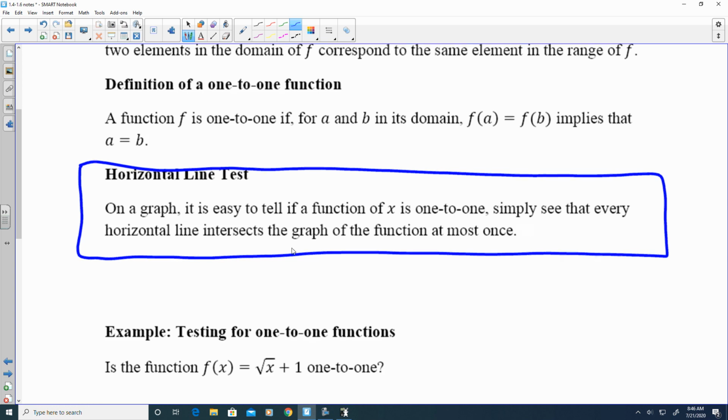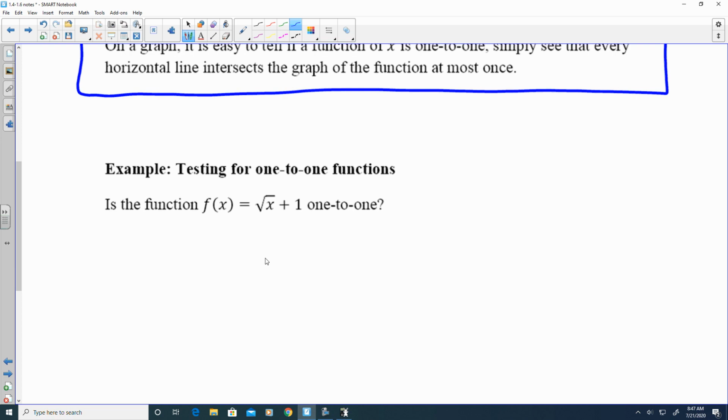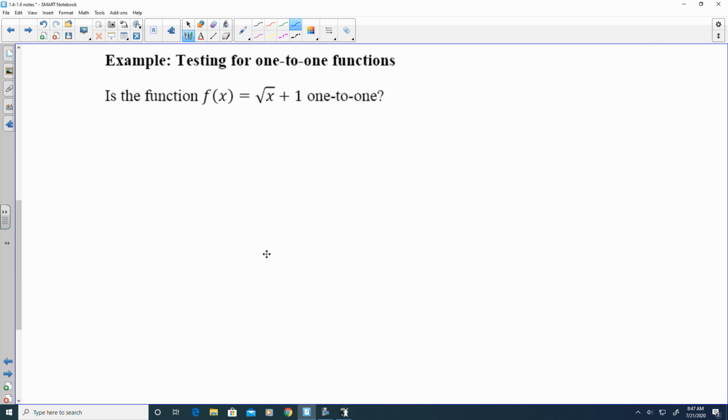So we'll just draw a line through our function and ask, does this hit more than 1 point? If I was to draw a horizontal line anywhere on this graph, would it only hit 1 point? If the answer to that is yes, then it is one-to-one and it has an inverse. So when it's asking, is a function one-to-one, really it's just asking, does it have an inverse, or does it pass the horizontal line test?